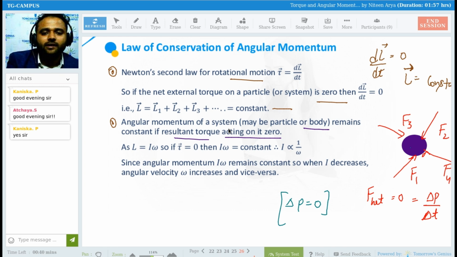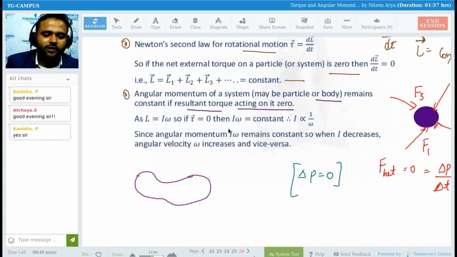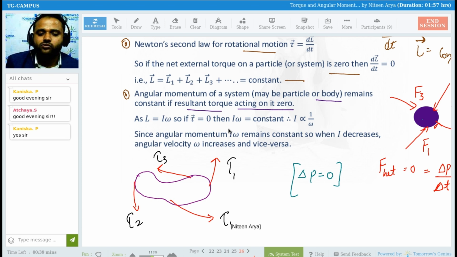In the same sense, if it is any arbitrary shape, or a rigid body, for this rigid body torque tau is going to be in this direction, torque T2 in this direction, here in this direction, or here in this direction. Assume that: 1, then 2, then 3, and then 4.